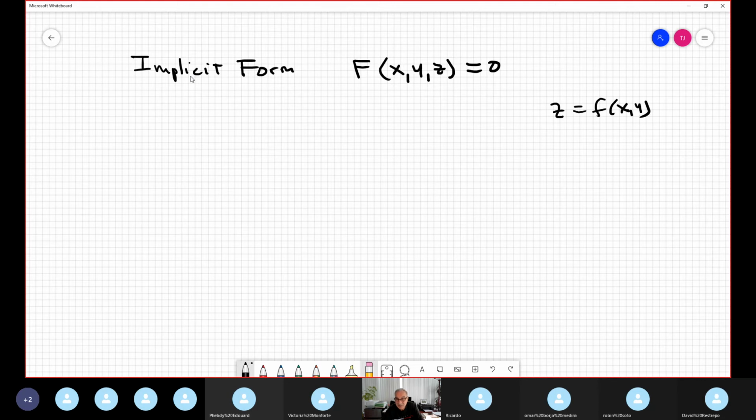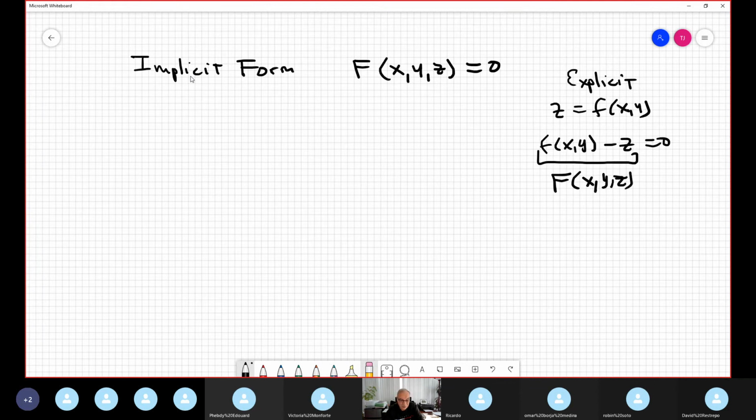This is explicit. How will you change to implicit? You subtract: f of x comma y minus z equal to 0. And you assume that this is my capital F of x comma y comma z. This is very straightforward.